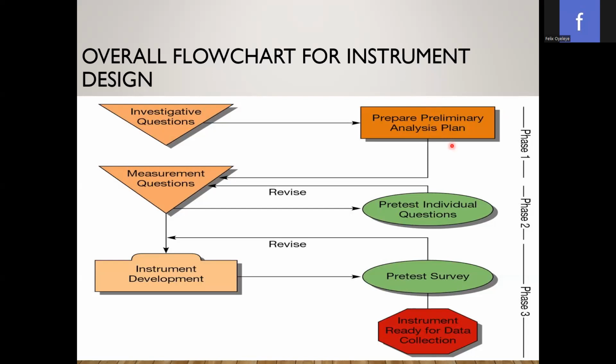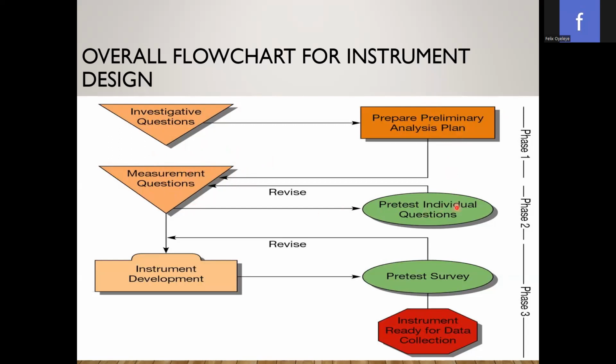How do you intend to use that instrument to gather data? The choice of the questions you are going to craft, you may have to draft and redraft before you get the best items for your questionnaire.